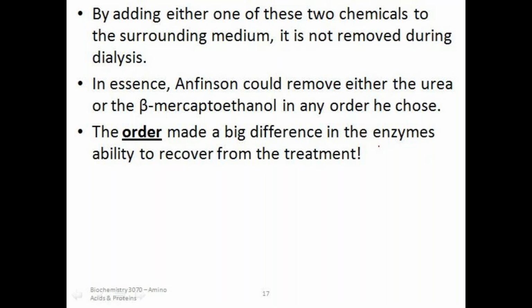The order of using urea and beta mercaptoethanol resulted in different compositions, and by using this he determined that the linear chains are responsible for the tertiary structure.